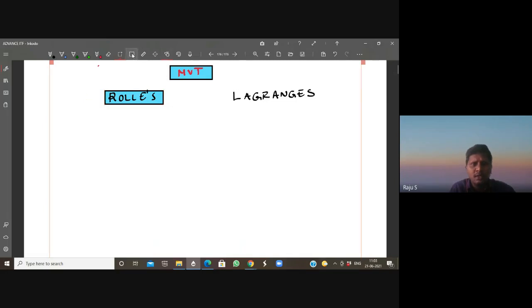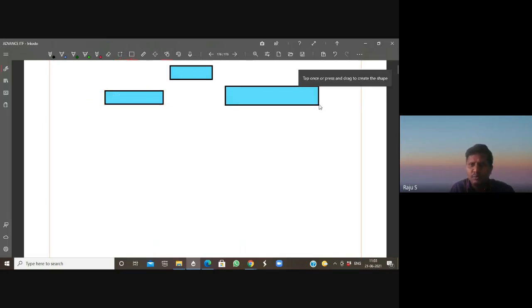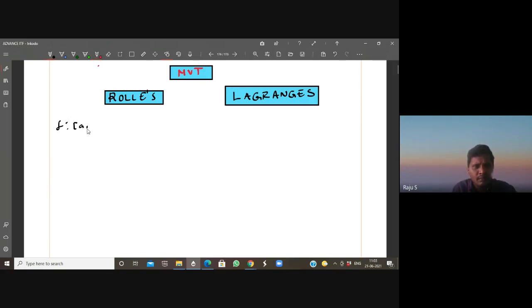For both the theorems, the statements are almost the same. In the previous class and last class, I gave the Rolle's theorem statement. What are the conditions for Rolle's theorem? Let f of x be a given function defined from a comma b to R. Here there are three conditions.